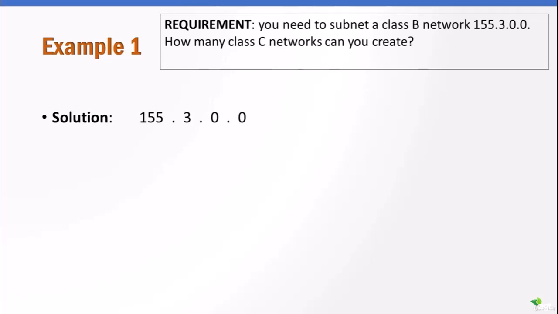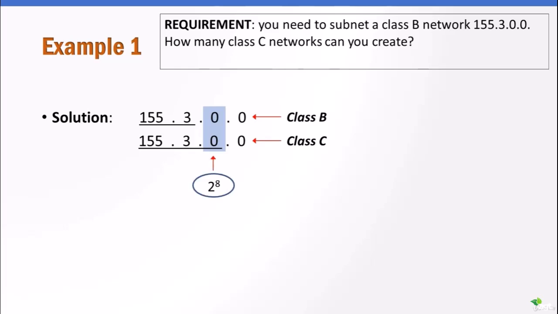So in a class B network, our subnet mask is /16, which means that the first two octets represent the network portion. In a class C network, the first 3 octets represent the network portion. So the difference in this example is only 1 octet. And our answer is pretty obvious here.